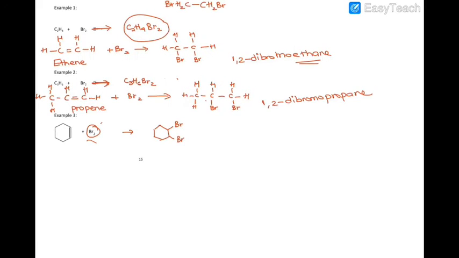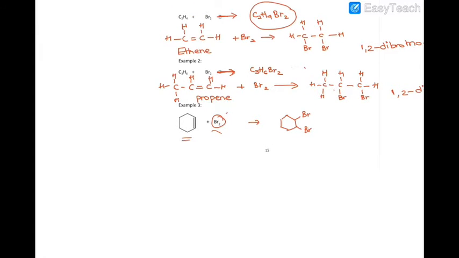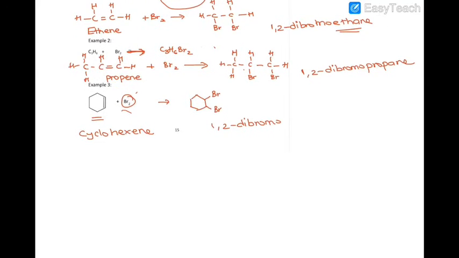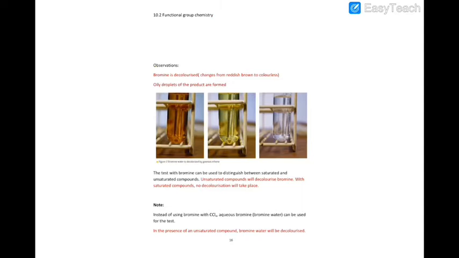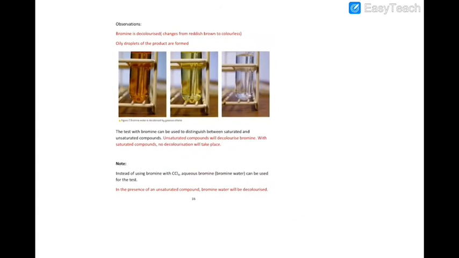This one here is cyclohexene, and you end up with 1,2-dibromocyclohexane. So you should be able to name whatever products you're getting. You're familiar with naming from unit 10.1.